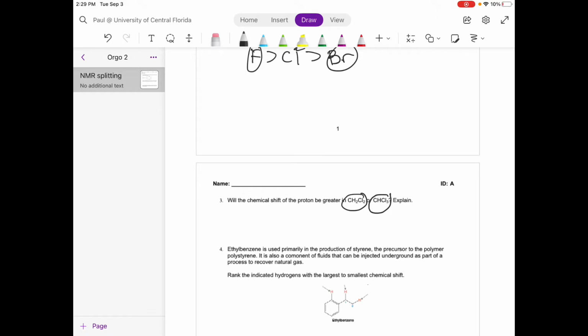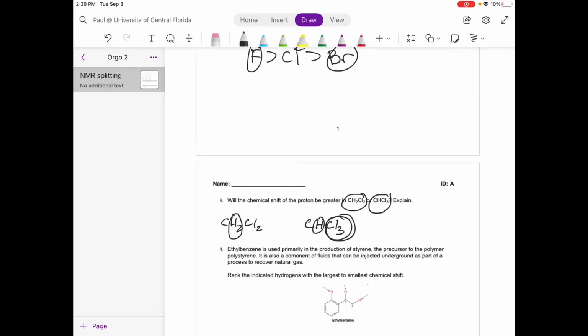Well, we see the CH2Cl2 has 2 chlorines that are going to inductively deshield those 2 protons. In contrast, we have 1 proton where electron density is going to be pulled away from it due to the inductive effects of 3 chlorines.